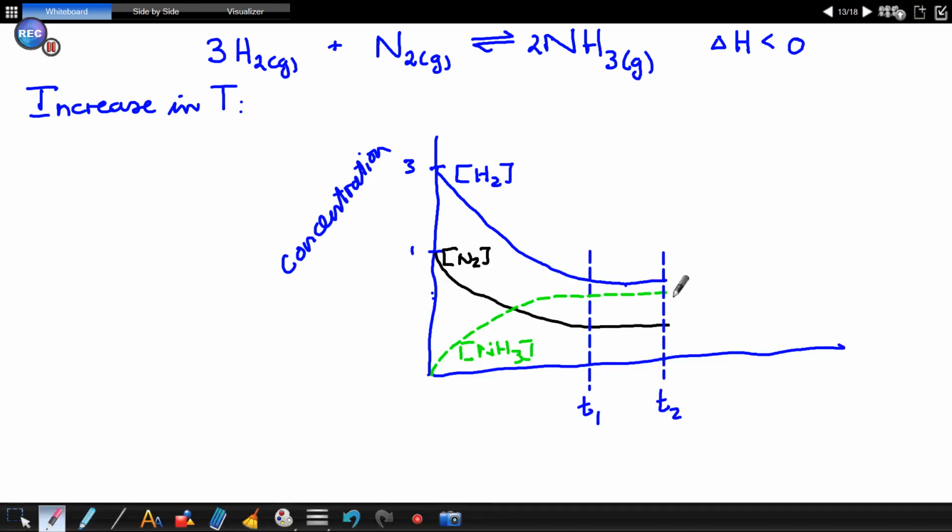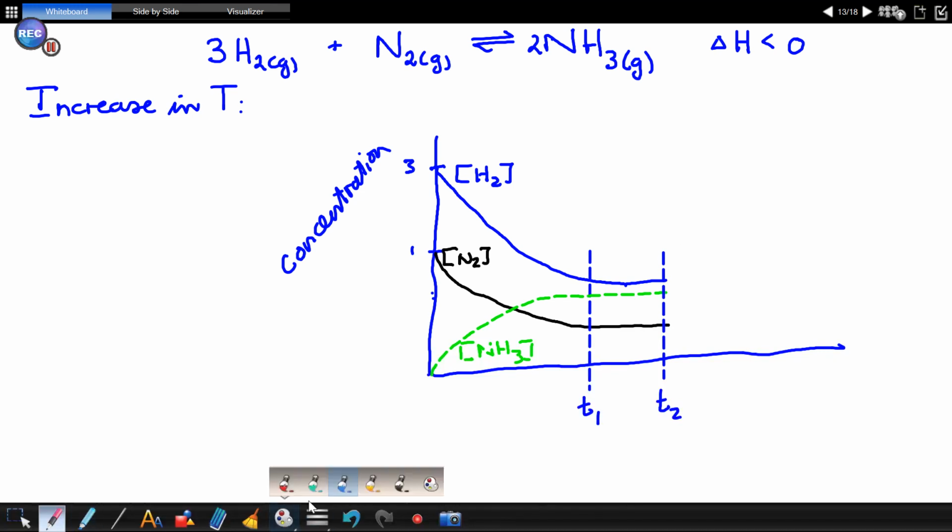But this increase, listen carefully, isn't a sudden increase. It's going to be a gradual increase, because we're not adding hydrogen or nitrogen, we're forming hydrogen and nitrogen with an increase in temperature.